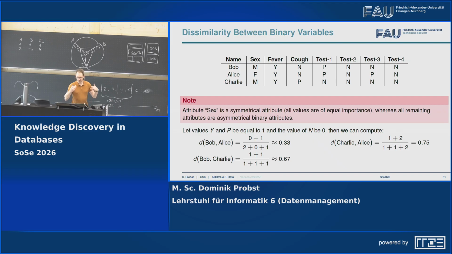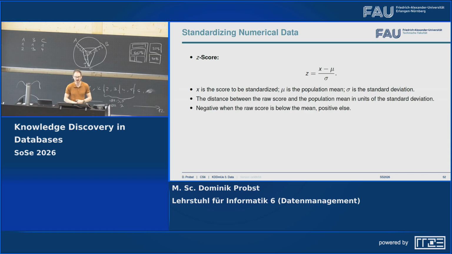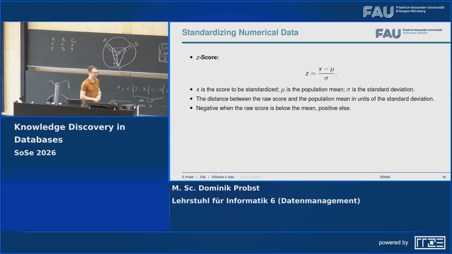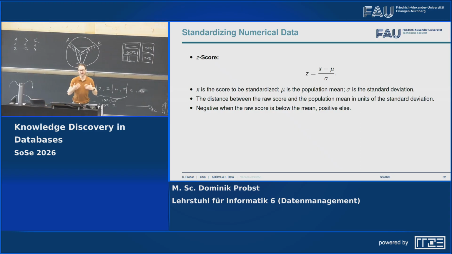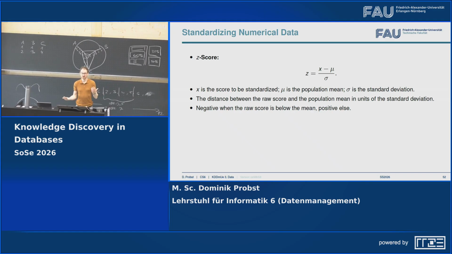So that's about non-numerical data. Now we can get to numerical data. For numerical data, the problem is that if we are comparing 2 different attributes, those attributes might have hugely different scalings. So we might have an attribute age and an attribute income. Age is typically between 0 and 100.